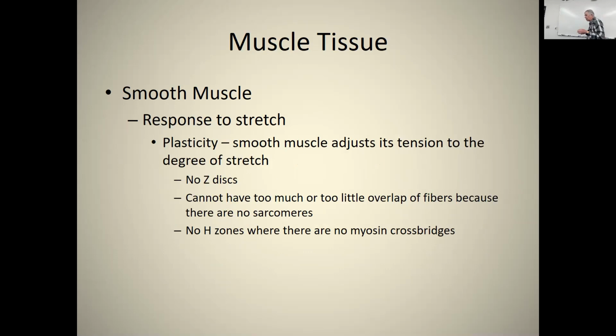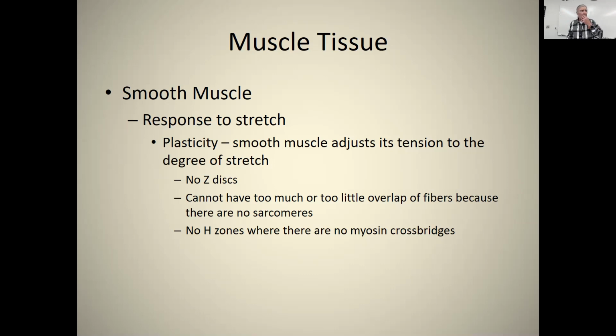Plasticity. Smooth muscle adjusts its tension to the degree of stretch. That seems to contradict that, but it doesn't. What it means is there isn't an optimal length for stretch. If you stretch a little bit more, it actually will cause more tension generation. Okay. No Z discs, so it cannot have too much or too little overlap of fibers because there are no sarcomeres.